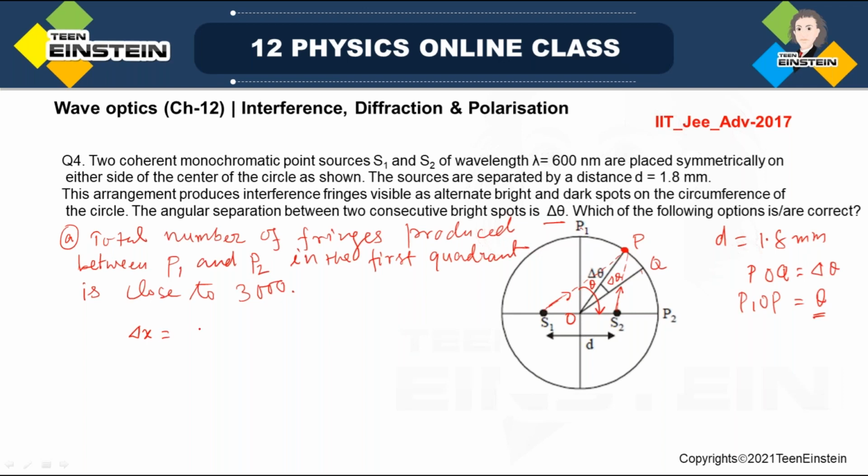Delta x is equal to s1 p minus, or let us take the difference, s2 p. So this we can find out in terms of the angle. See, we know path difference is equal to d sine theta, right? d sine theta, we know that, okay.